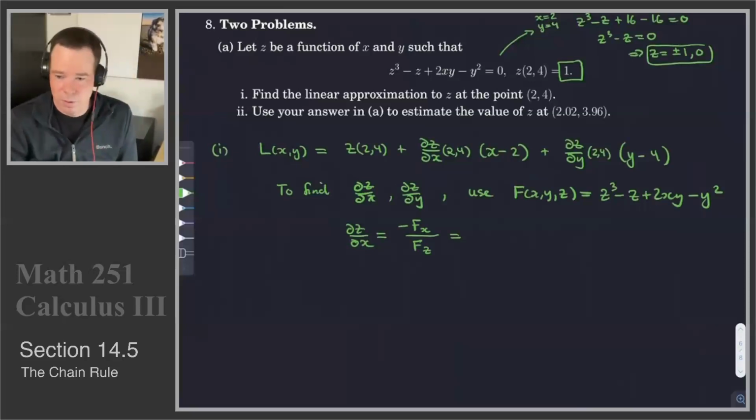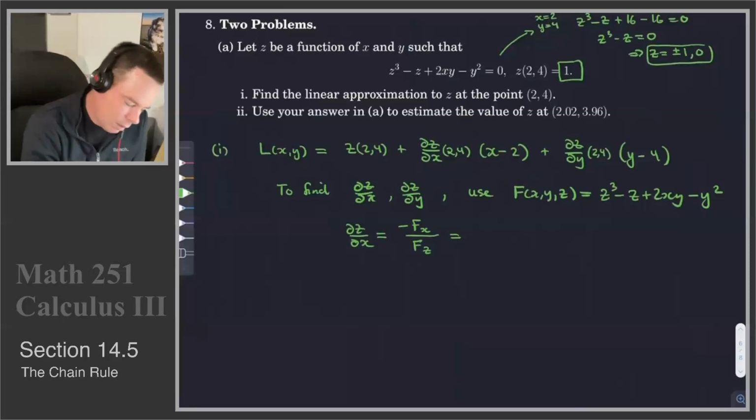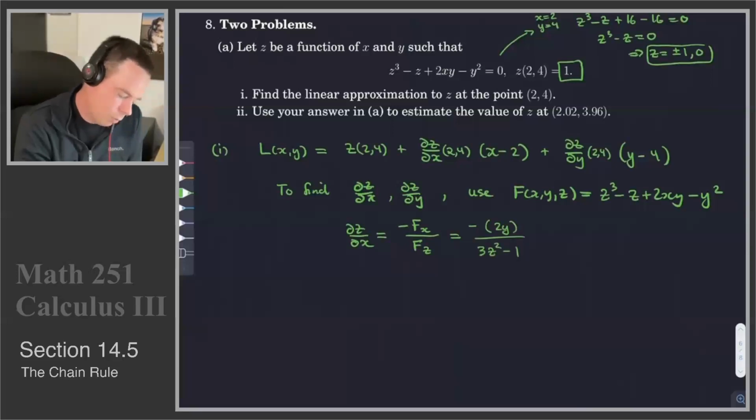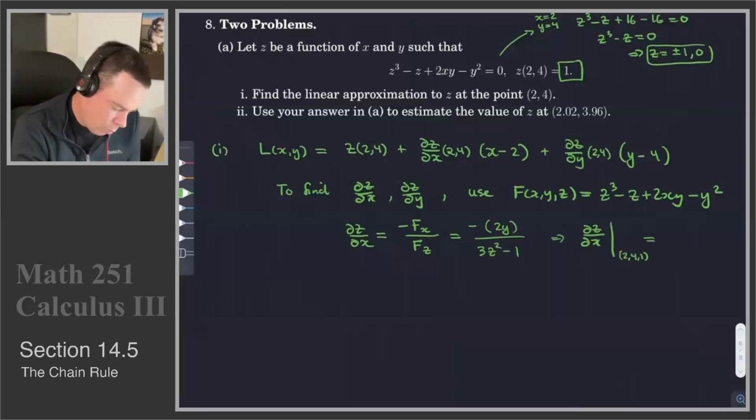So that's what our implicit differentiation technique told us above. So the partial with respect to x is 2y, all over the partial with respect to z, which is 3z squared minus 1. And in particular, we want to know at the point 2, 4, 1. And at 2, 4, 1, it becomes negative 8 over 2, or negative 4.